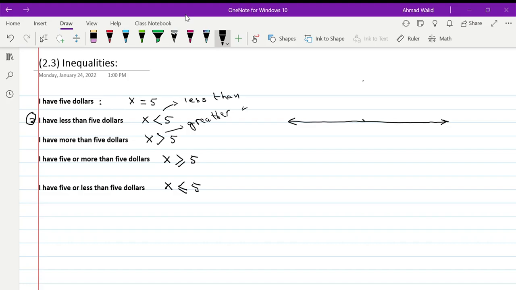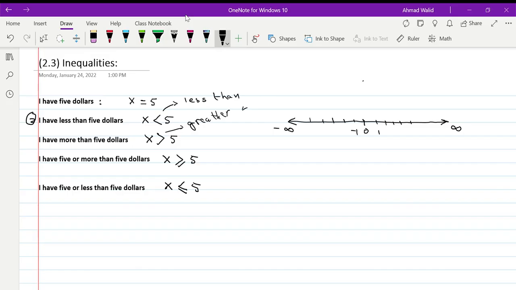Here is your 0. Here, of course, on the right side, you have positive numbers. On the left side, you have negative numbers. I'm not going to explain this for you. You are way above this explanation. Your knowledge is way above. You already know this. Here, of course, you have positive infinity. Here you have, of course, negative infinity. 1, 2, 3, 4, 5.